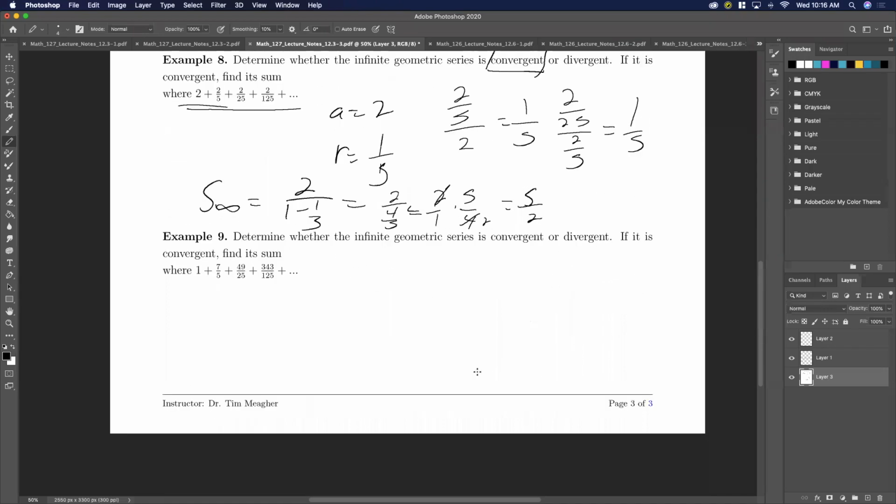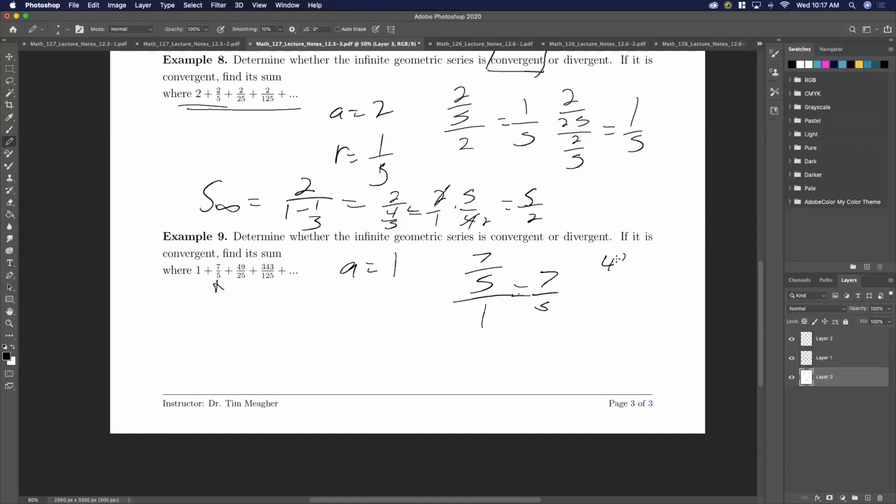Let's do this one. Here my first term is 1. R is going to be 7/5 over 1, which is just 7/5. Usually, if your first term is 1, this is your r, and you can instantly say what it is. I think I give that to you on the homework once or twice.